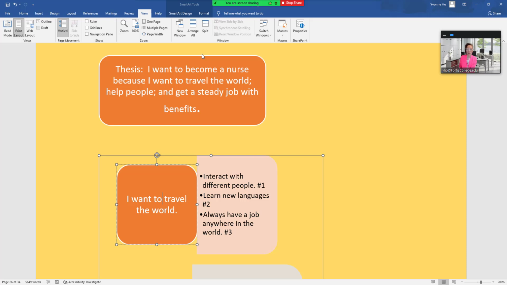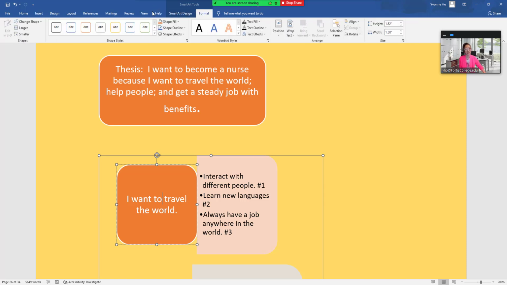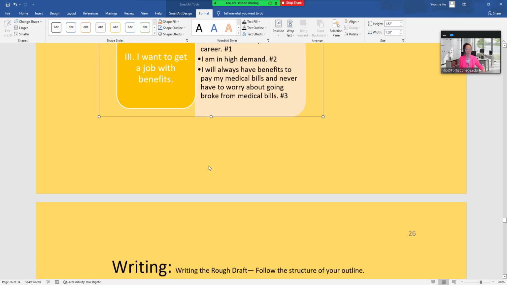I had to be by her side at her deathbed, and I realized how precious life is. Reason 1, reason 2, reason 3. Then those 3 reasons become your body paragraphs. That is the difference between an essay and a story. The story focuses on the events, while the essay focuses on reasons. So that's the main difference that I wanted to get across.